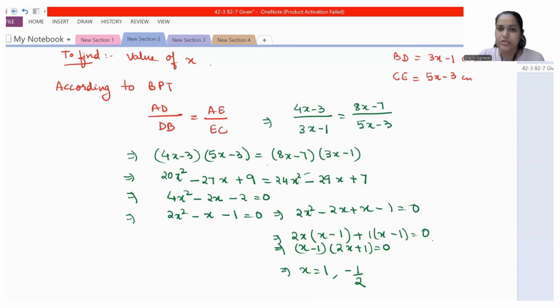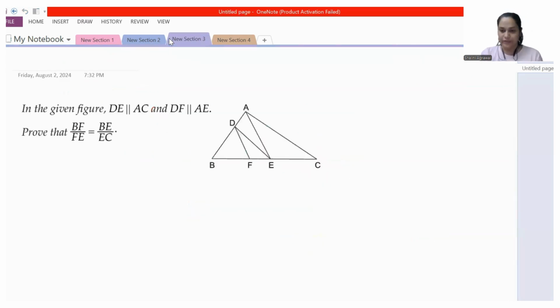We'll move to the second question, which is a little different. It is completely based on proving. Let's see how this question can be solved. This is one of the important questions, and if you understand this question properly, you will be able to grab the concept very easily.